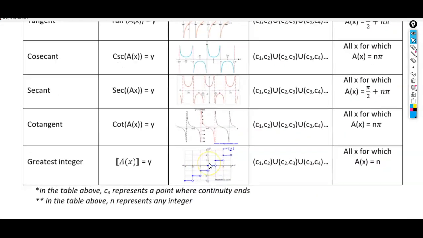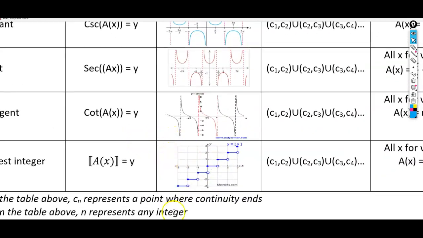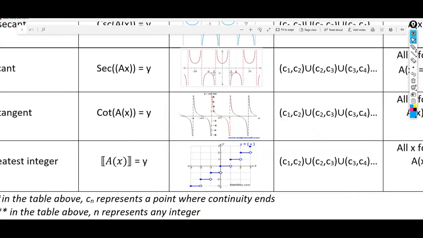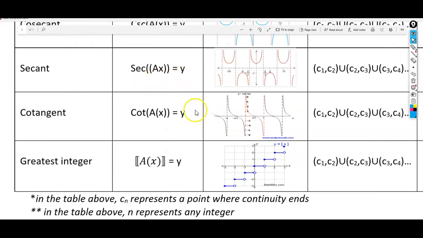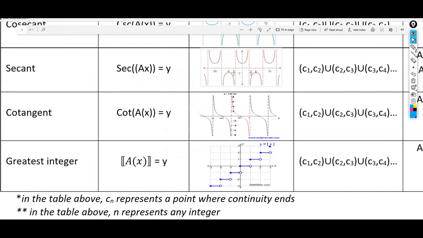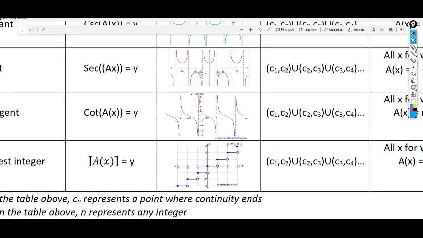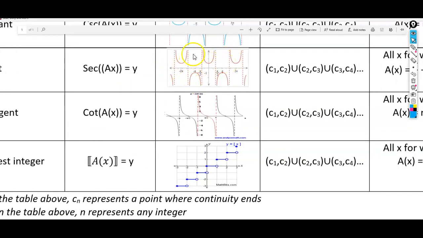So if we were to scroll down here to secant, you guys can see that secant looks like this. And these dotted lines are vertical asymptotes. And those are places where secant is not continuous. So secant's intervals of continuity are kind of like an infinite connection of various intervals where it's continuous.